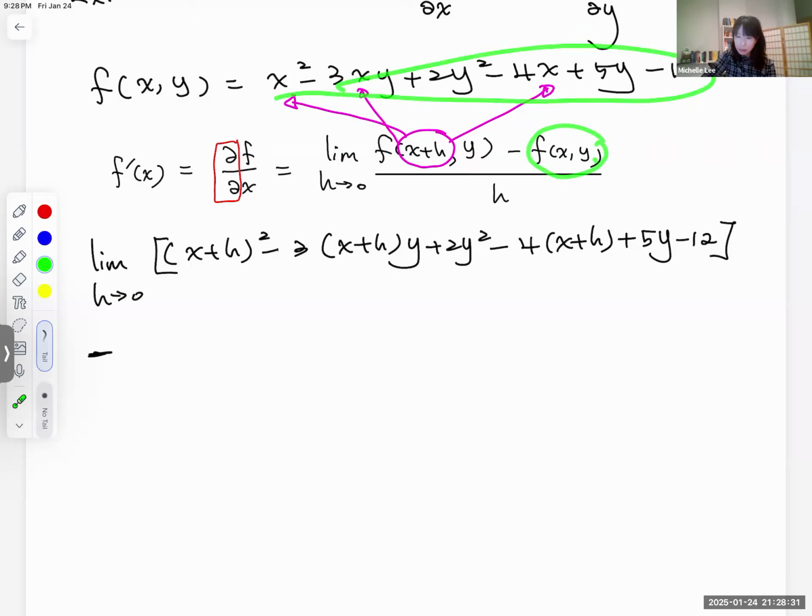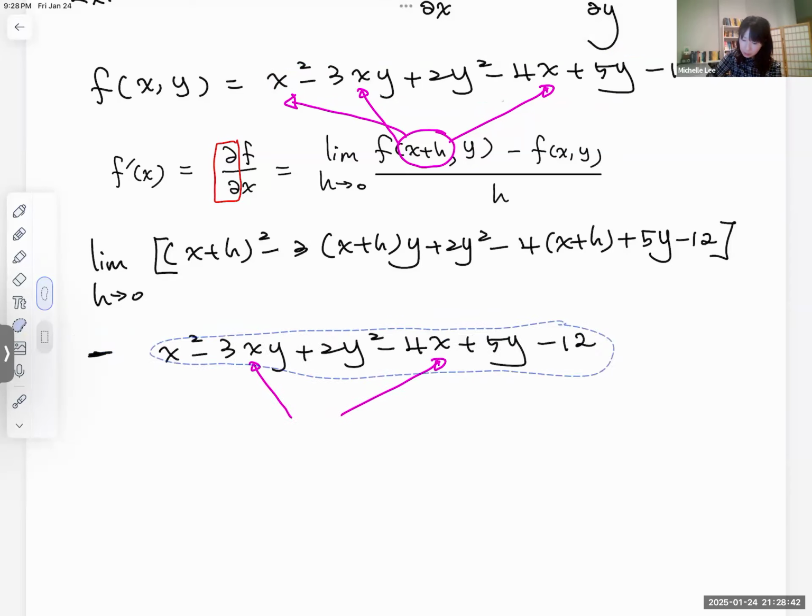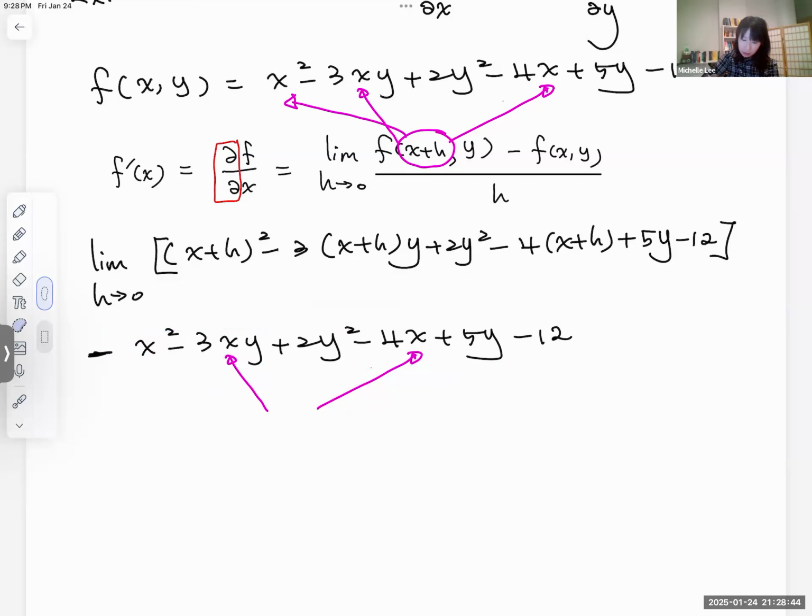We can just rewrite it, so let me just copy, paste, and then parentheses, and then over h.